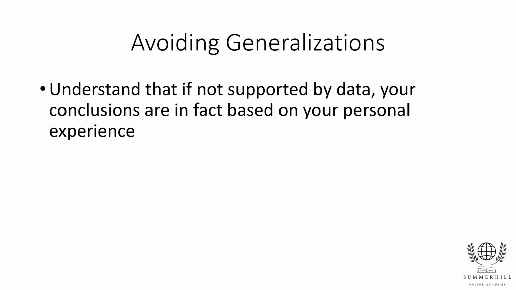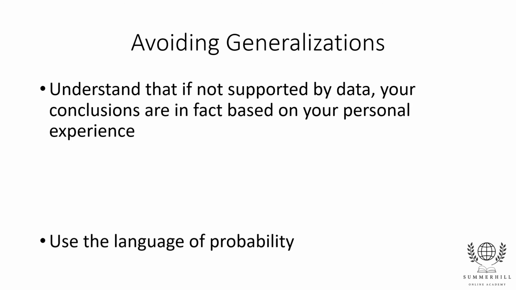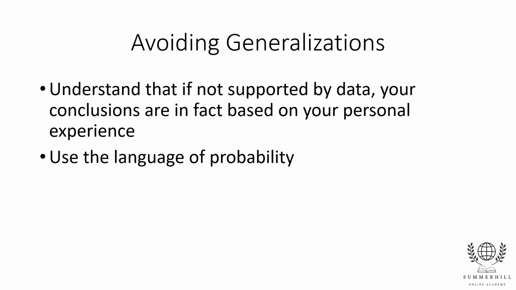This means that we want to avoid a fatalistic or absolute tone, and instead use the language of probability, or academic tone. Basically, academic tone uses a language of probability instead of talking about absolutes.